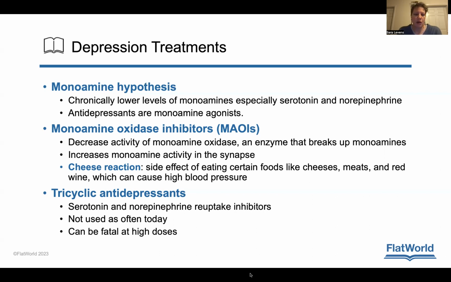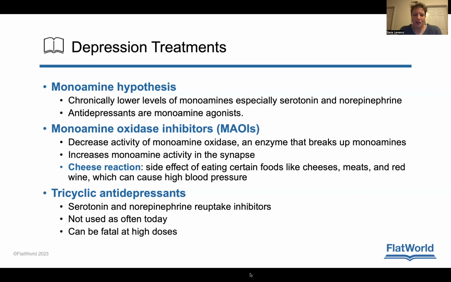So this particular medication, monoamine oxidase inhibitors, is a class of medications that can decrease the level of monoamine oxidase, which breaks those things up, and therefore increase activity of serotonin and norepinephrine, for example, in the synapse.